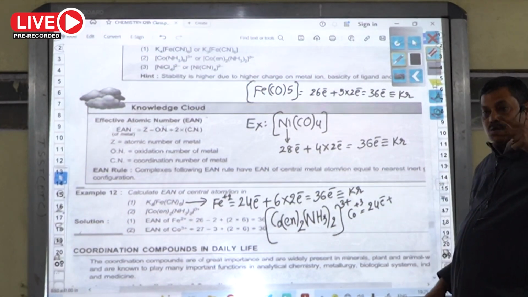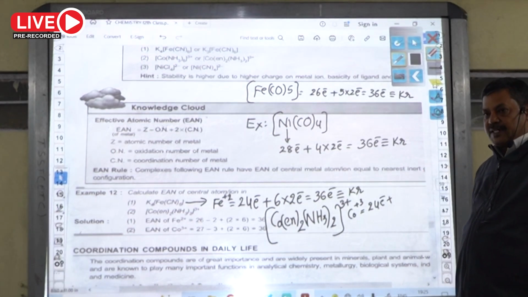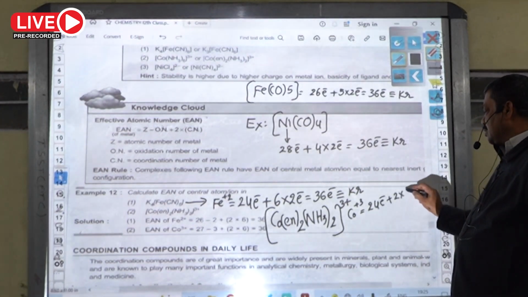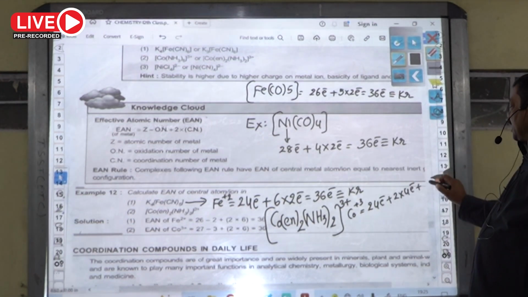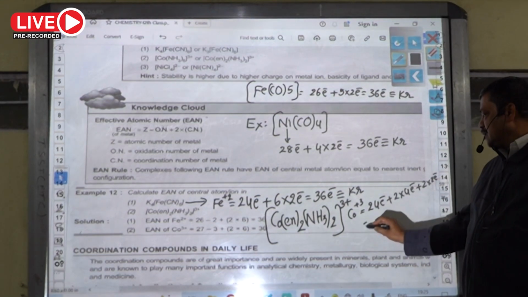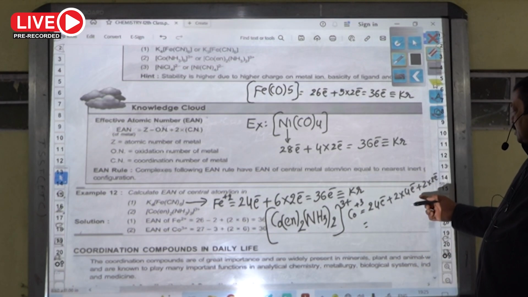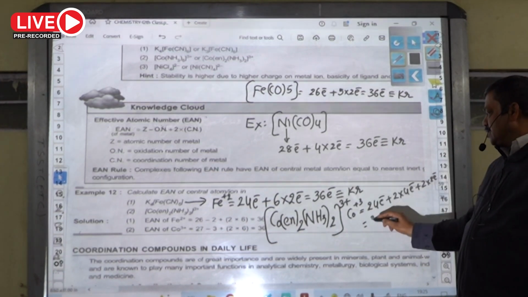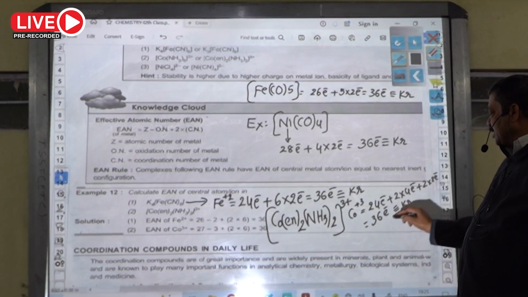Each ethylene diamine contributes 2 dative bonds. It is a bidentate ligand, means it donates 2 pairs, means 4 electrons. So 2 ethylene diamines, 2 into 4 electrons, plus 2 ammonias contribute 2 into 2 electrons. 8 plus 24 is 32, 32 plus 4, 36. It is also obeying the effective atomic number rule.